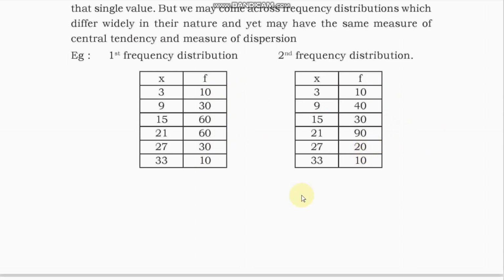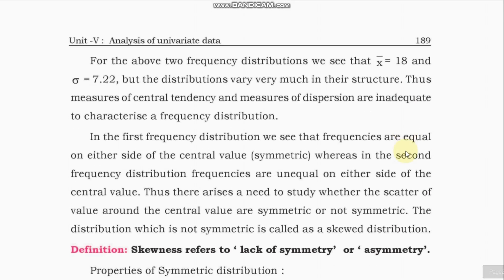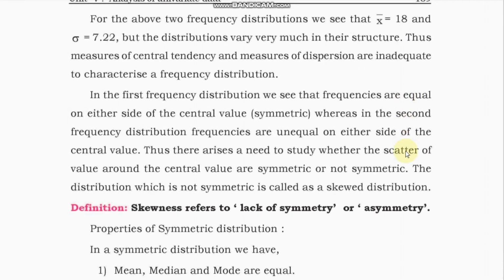So we can see that of the two distributions, one has frequencies distributed evenly, and the other does not. Hence arises the question of the symmetricity of the values. This lack of symmetry is called asymmetry or a skewed distribution.